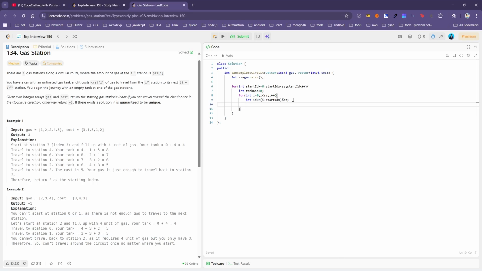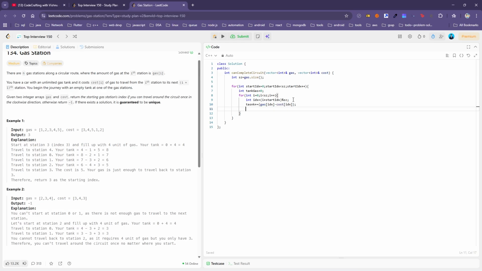Now if we are standing at the idx, we will have tank gas of this gas. Okay, now if we want to go to the next station, then we have to reduce this much cost.